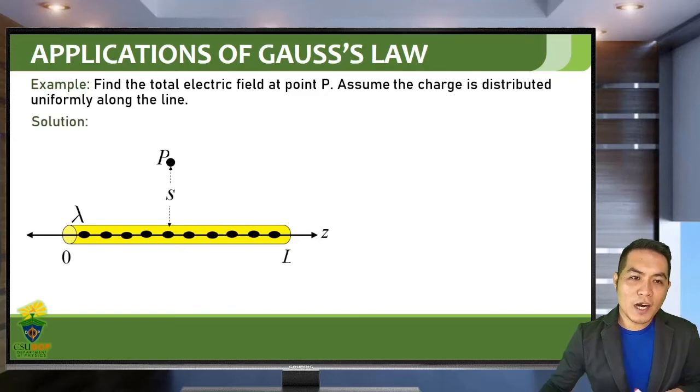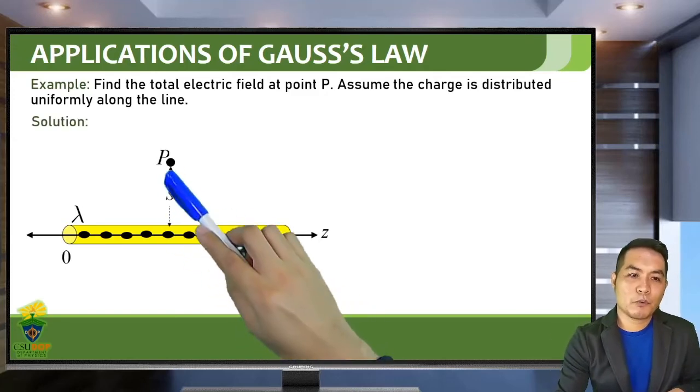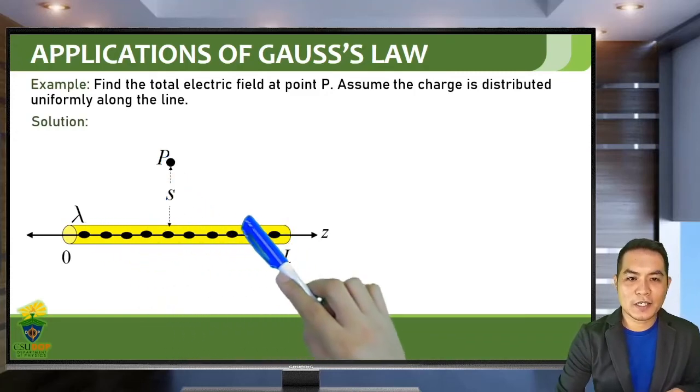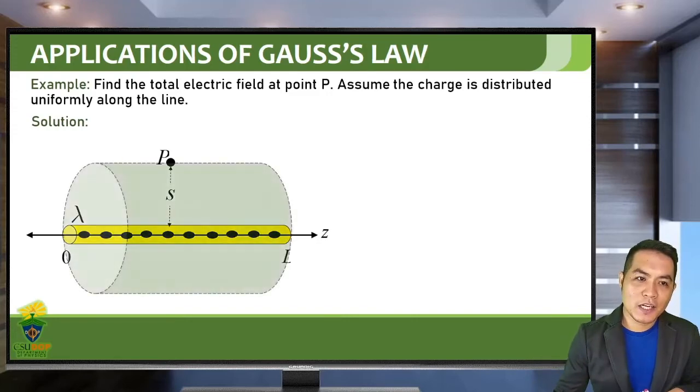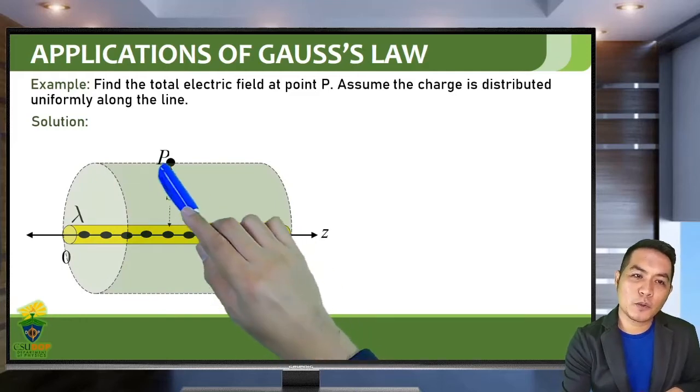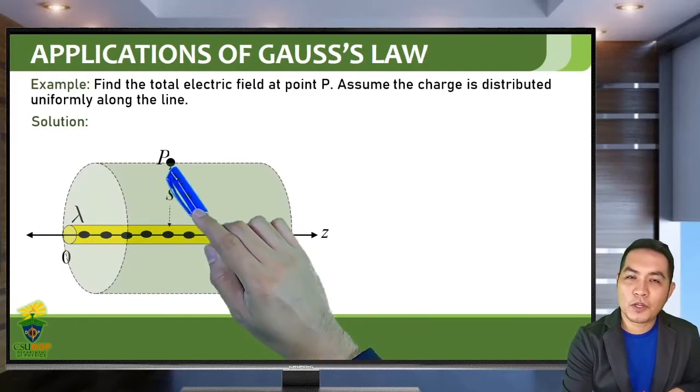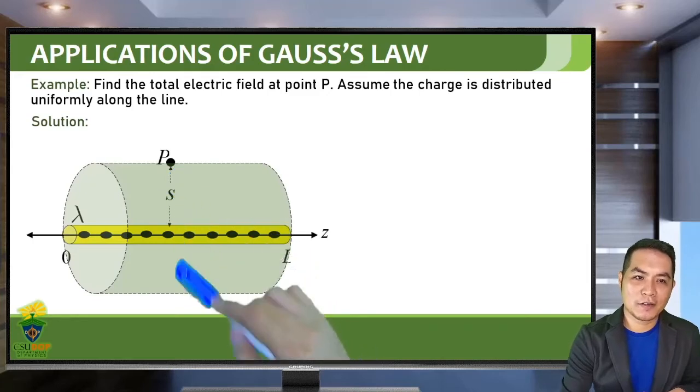If you are asked to find the electric field at point P, a distance s from a line charge, then you have to enclose your line charge by a Gaussian surface, and your Gaussian surface must also include the field point, the point where you are trying to find the electric field.